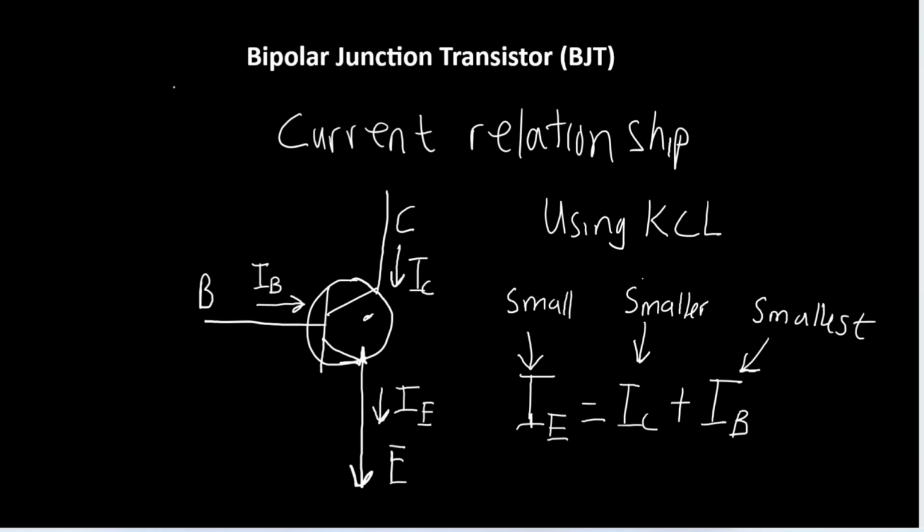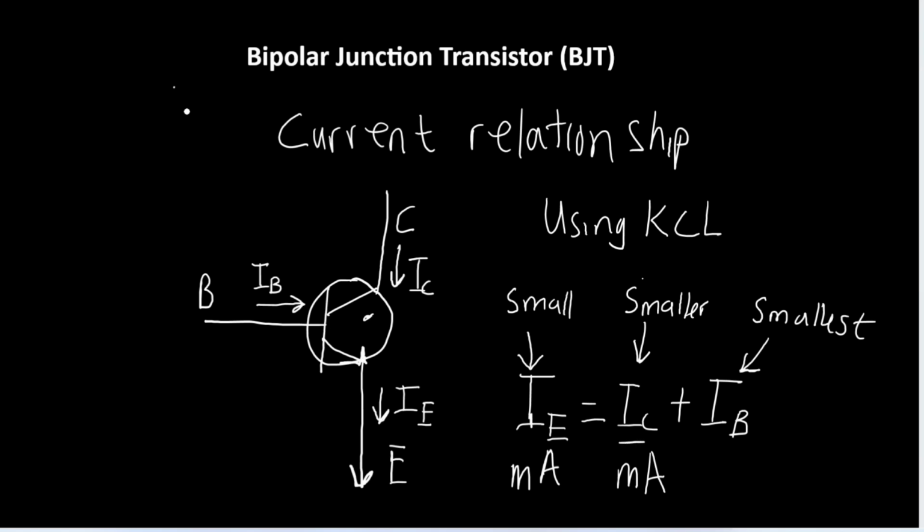Our emitter current, IE, is normally measured in microampere, so this is a small value of current, hence the name small. The smaller one, which is our IC, is also measured in microampere, but it is smaller than IE.